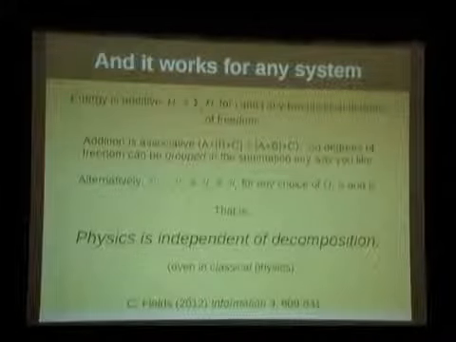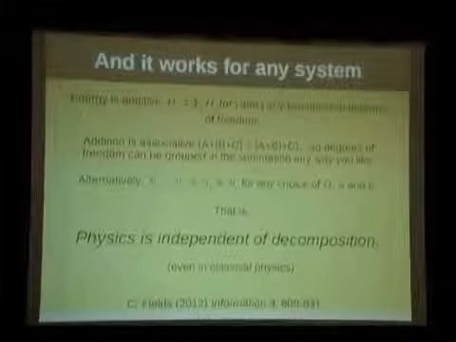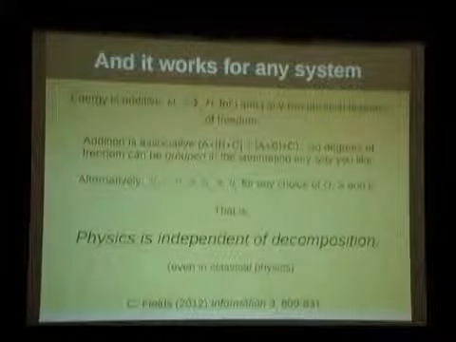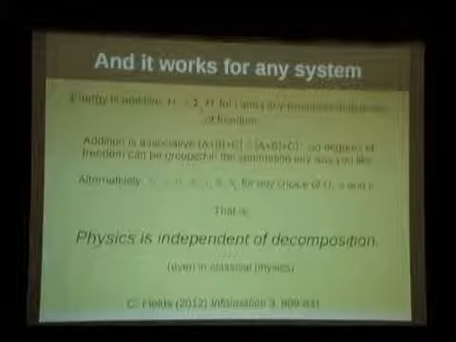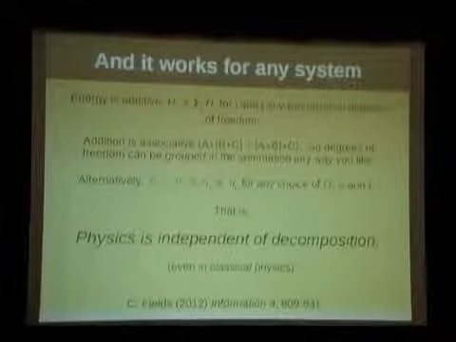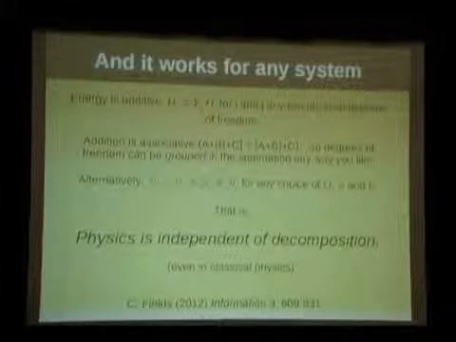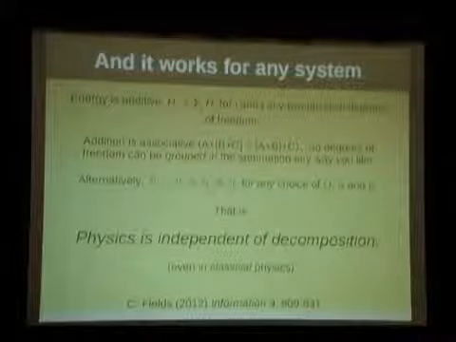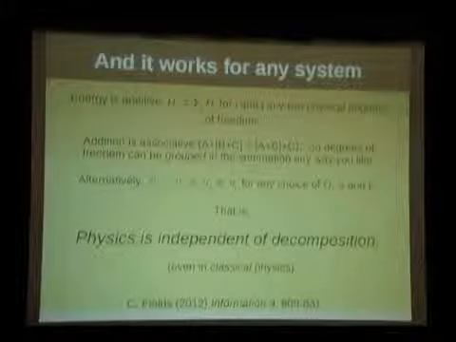And I can define a system that's arbitrarily disconnected. For example, I can say the system is me and Stewart and the moon, and we're going to measure the state of that system. So it doesn't have to be spatially contiguous or anything. It can be microscopic, it can be macroscopic, it can be anything you please. And you still get the same Hamiltonian. So you still get exactly the same dynamics.